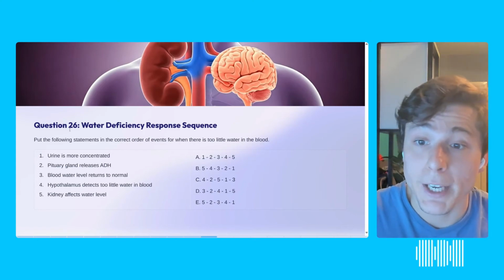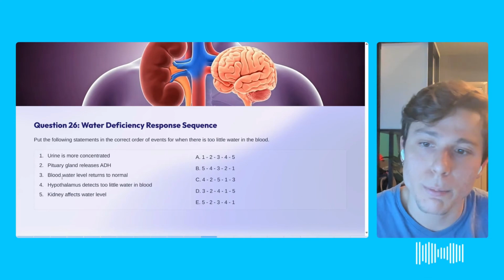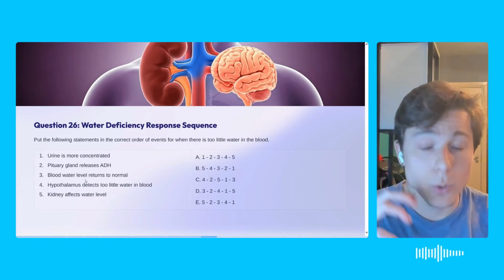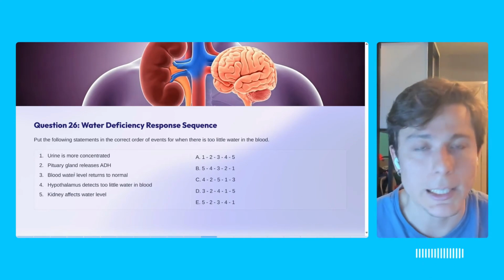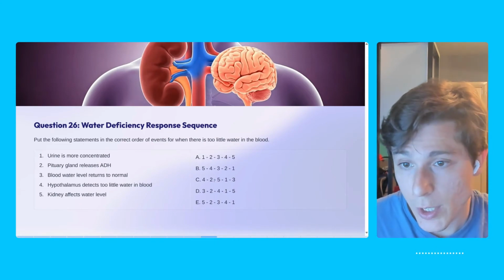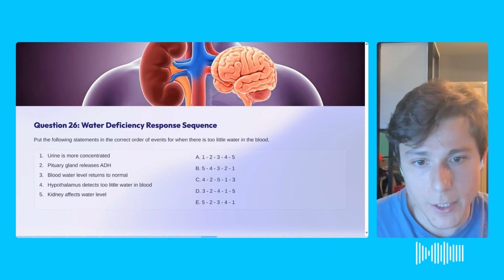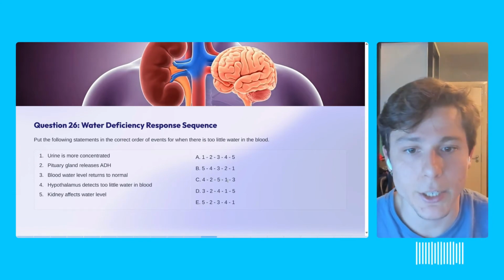This will make our urine more concentrated, and finally, what we're looking for, our blood water level will return to normal. So in this order, 4-2-5. Yeah, this is the only option. So letter C.